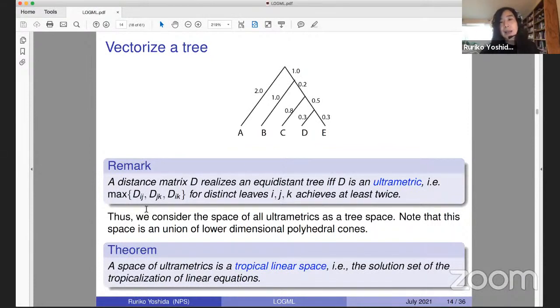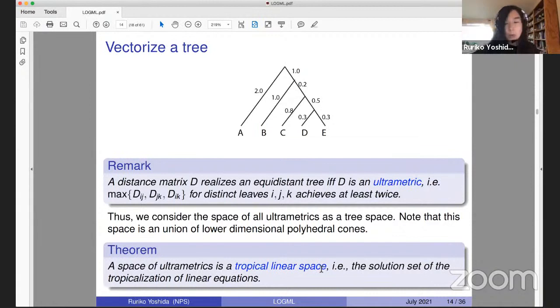It is a metric, so there are properties to satisfy, including the triangle inequalities, and actually it is a little bit stronger than the triangle inequalities. Also, a bunch of algebraic geometers showed that this space, the space of ultrametrics that I call tree space, is a tropical linear space.